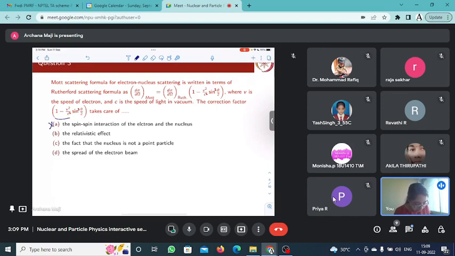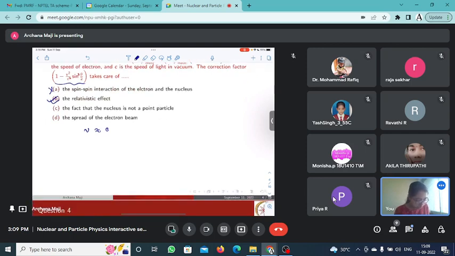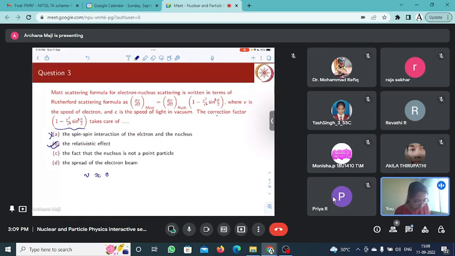This basically takes care of the relativistic effect. So when v is close to c, that is, the velocity of the electron is close to c, this factor becomes cos square theta by 2. So this correction factor takes care of the relativistic effect, and these are also incorrect.